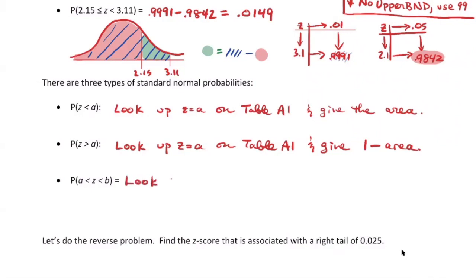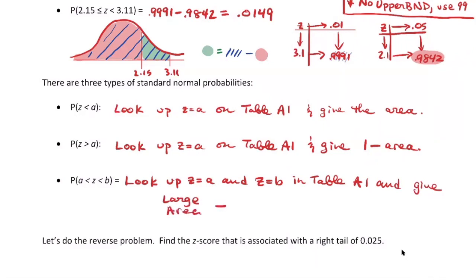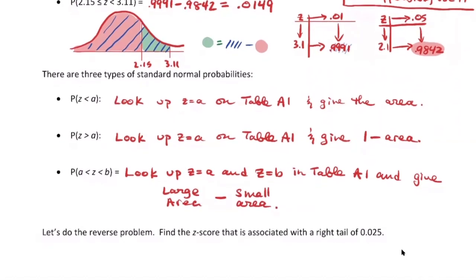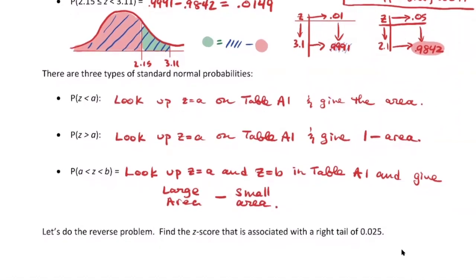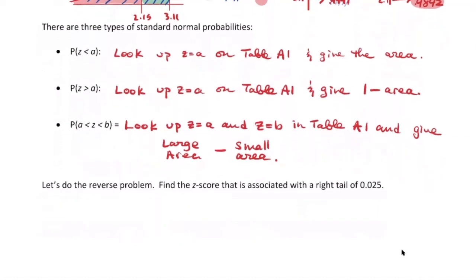You look at Z equals A and Z equals B in table A1, and just the larger area minus the smaller area. Okay. Any questions? So that's just kind of a summary of what we did. Any questions?